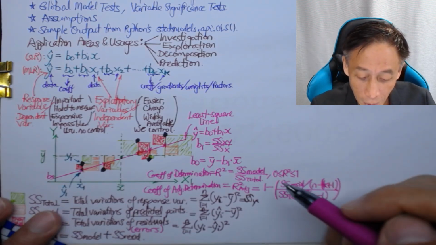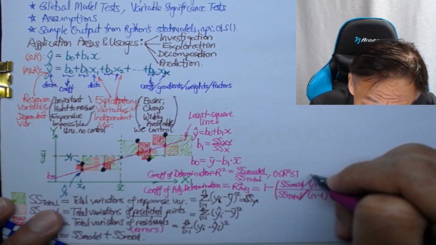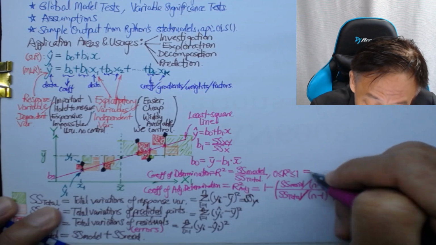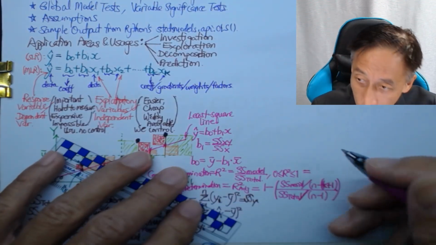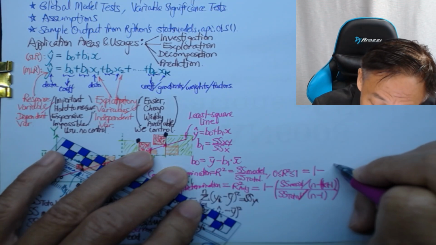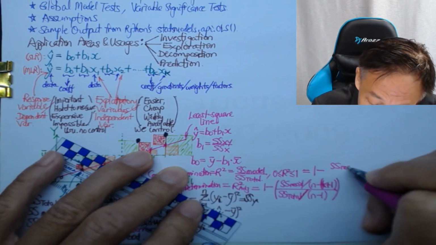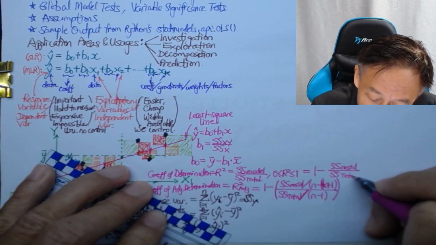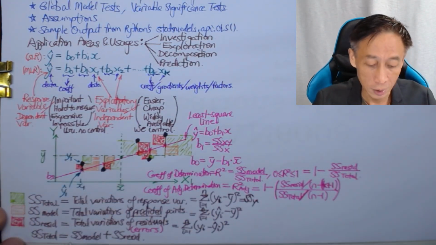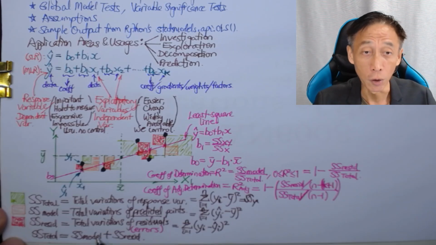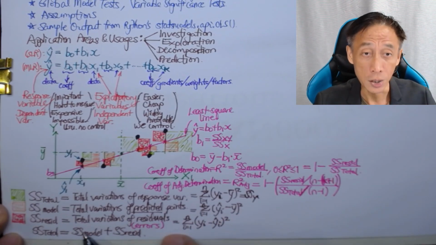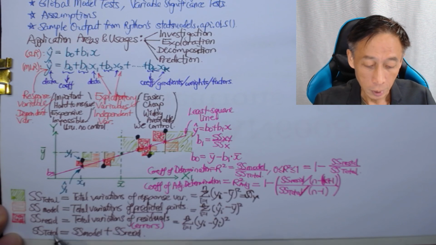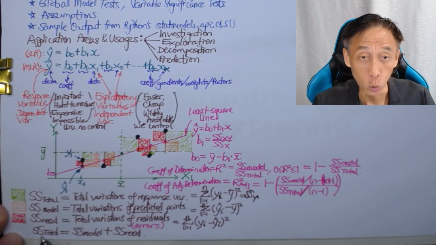Our SS model can also be rewritten, because we want to use the SS residual, right? So it's like 1 minus SS residual over SS total. And the reason why we can do that is thanks to this evergreen equation here: when we bring SS residual to the other side, SS model is SS total minus SS residual, right?